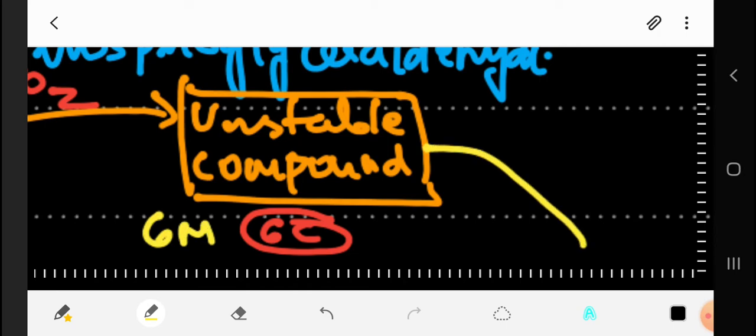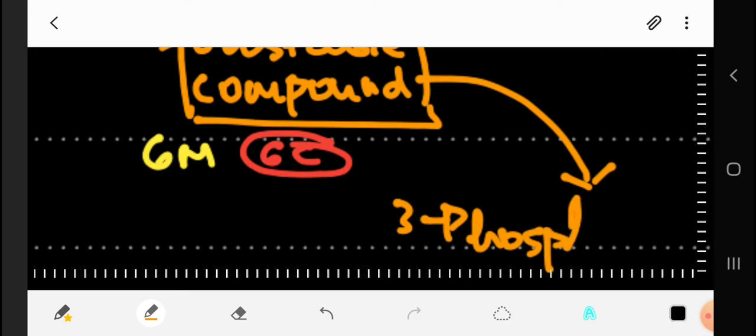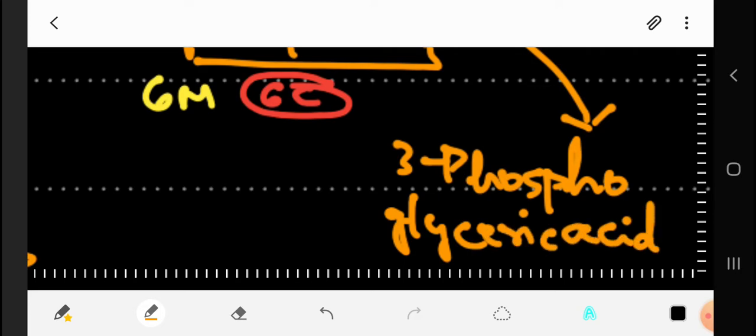This gets broken down into a 3 carbon compound called 3 phosphoglyceric acid.